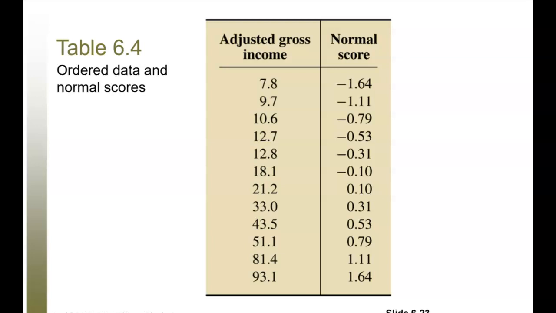How a normality plot works is it takes a set of data. So this is adjusted gross income, and it's got 12 data values. For this one, you actually have to go to your textbook, which is why I'm not going to make you make a normality plot on the graph, because the data values are a bit hard to find.